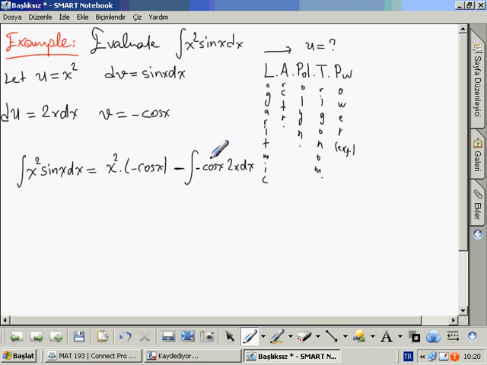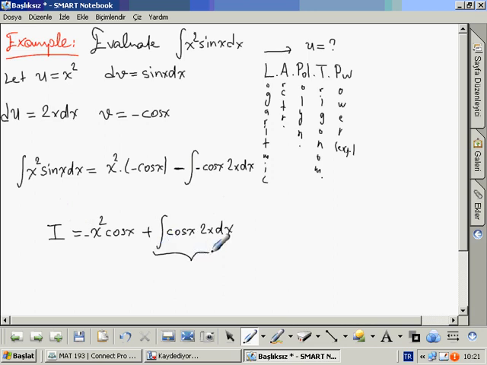After that, we know that this part equals minus x squared cosine x plus the integral of cosine x times 2x ∂x, right? This is the total integral.